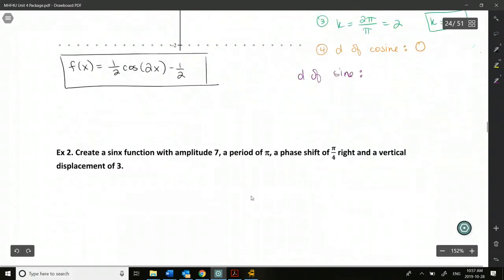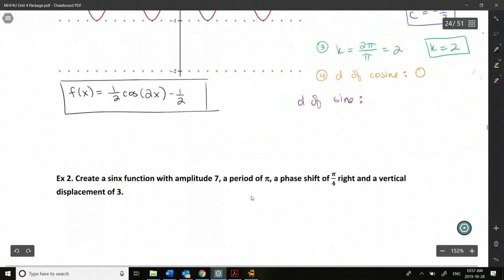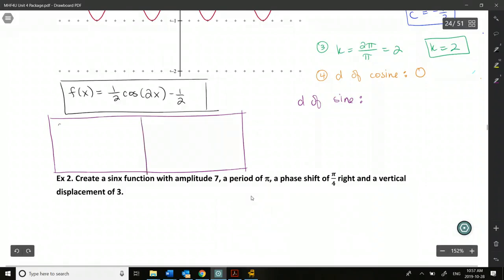To switch between these two, if you want, you can make a little note here wherever you have some space. So if I'm switching from cosine to a sine function, and then vice versa, I'll tell you what we'll do for each of those.